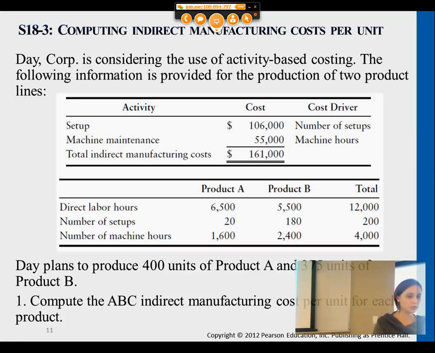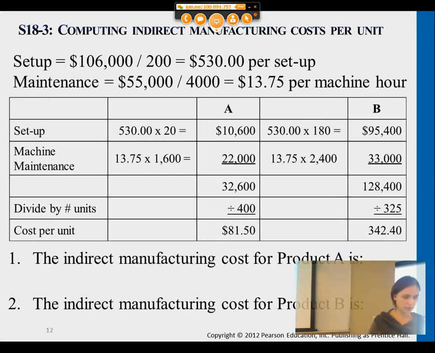You'll take the total number of setups and use it with the top table numbers. So you'll take 106,000, divide by 200, and then multiply that rate by the number of setups for product A, and then for product B. Because product B used so many more setups than product A, you cannot just use the same rate. This is how we got the amount for setup.